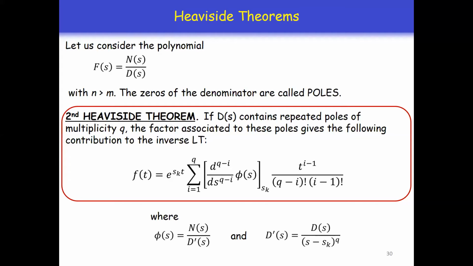Of the derivative of order q minus i of a function phi, which we will define soon, times that time expression, time at the exponent i minus 1 divided by (q minus i) factorial times (i minus 1) factorial, where the function phi is N over D prime and is defined exactly as we saw last time.